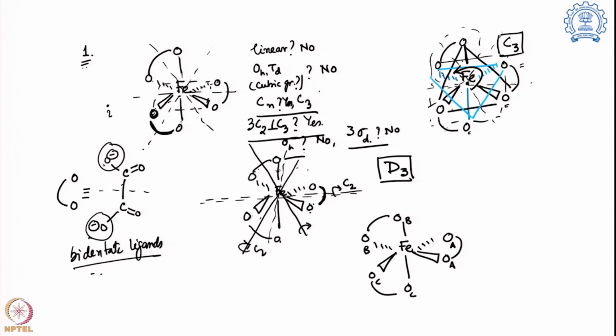So, now for each particular bidentate ligand, from the front to back, we find out which side I am actually rotating. For this bidentate ligand over here, this is the front side, this is the back side. So, front to back, I have to rotate in this particular direction. Similarly, for this part, this is the front part, this is the back part, I have to rotate in this direction.